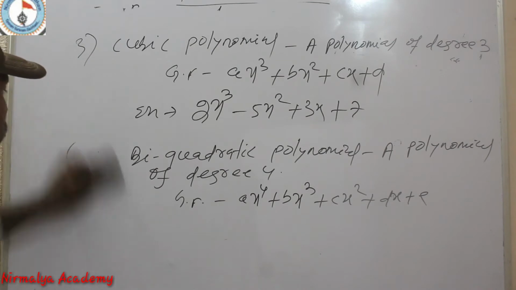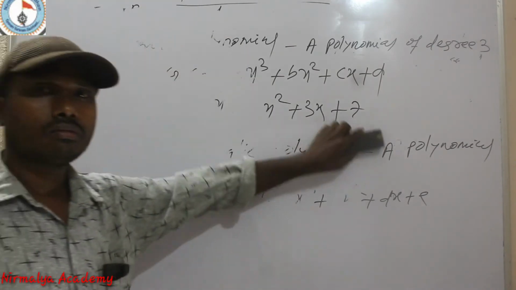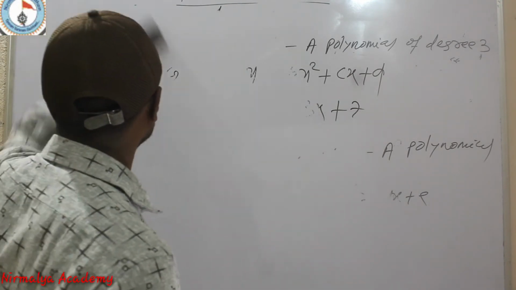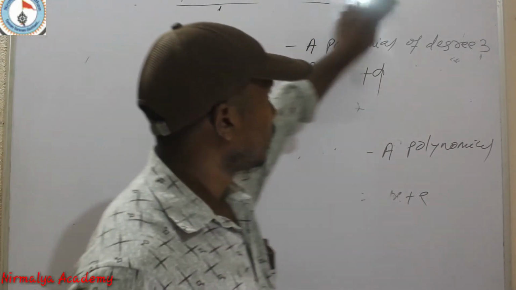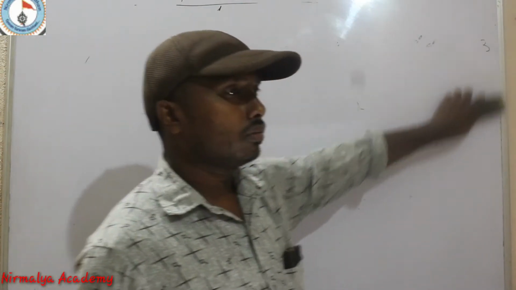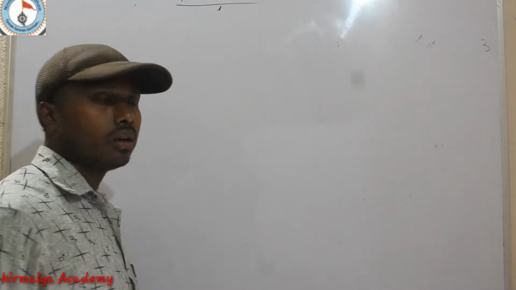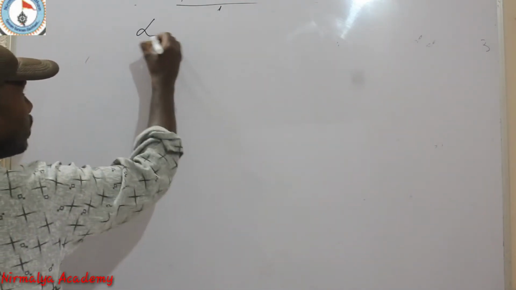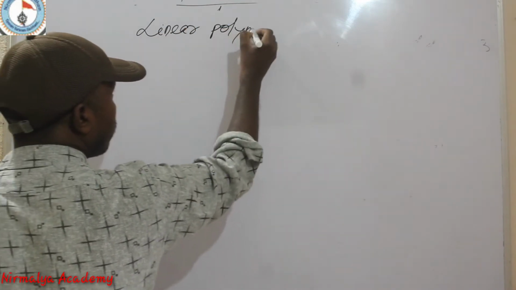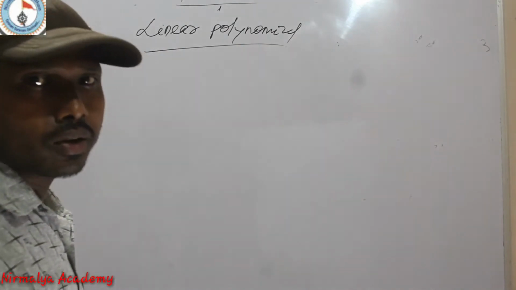Next, we will discuss the geometrical meaning of polynomials. First we will see the geometrical meaning of linear polynomial. The linear polynomial जिसका general form ax plus b था.